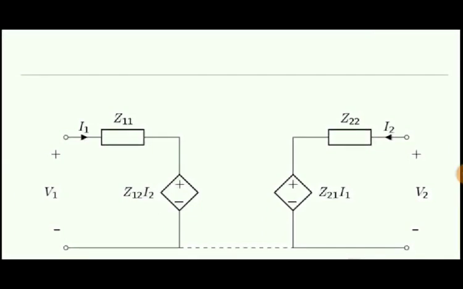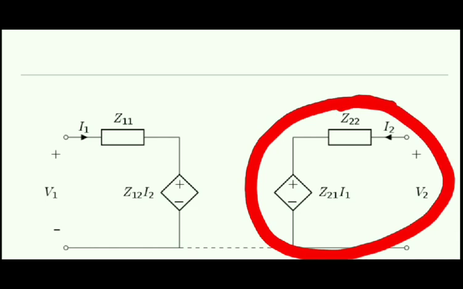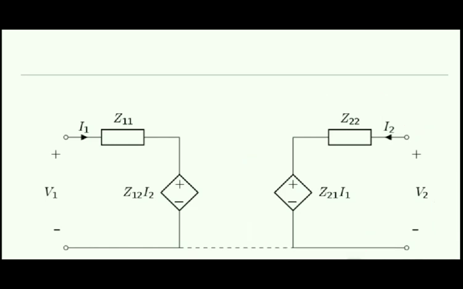So here is the electrical equivalent circuit diagram, whereby you can see that this is basically the input port and this is basically the output port, and in this we will just place a 1 volt battery over here, and this 1 volt battery will provide a current of I2.